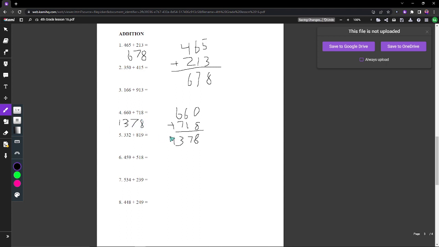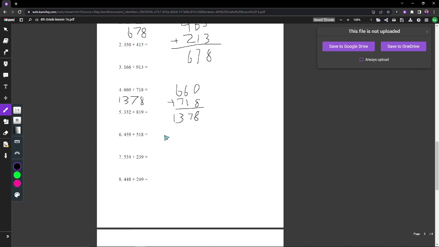That should be your final answer. And let's go to number 7, as I said. 534 plus 239. Okay, there we go. Got 13, bring the 1 over. That's 3 plus 3, 6, 7. So you get 773.